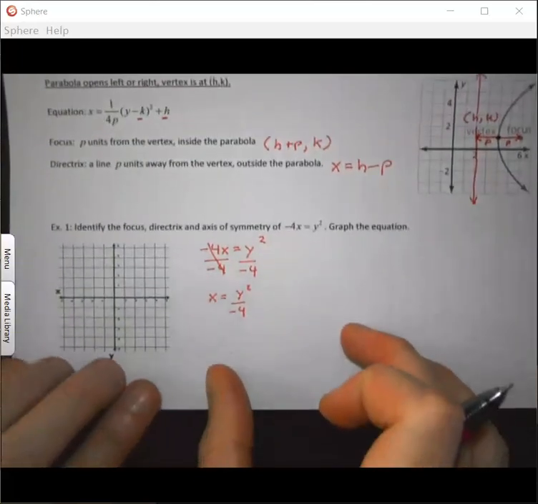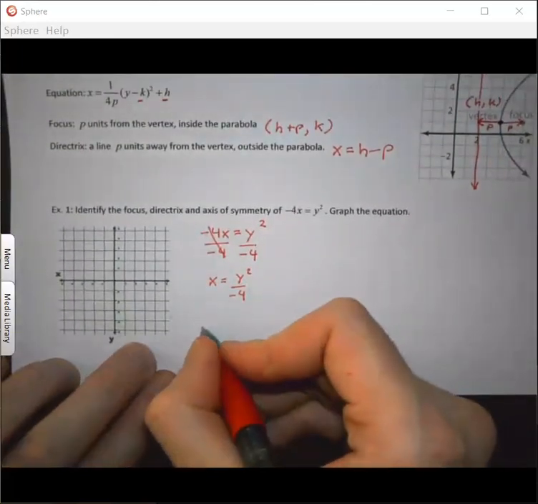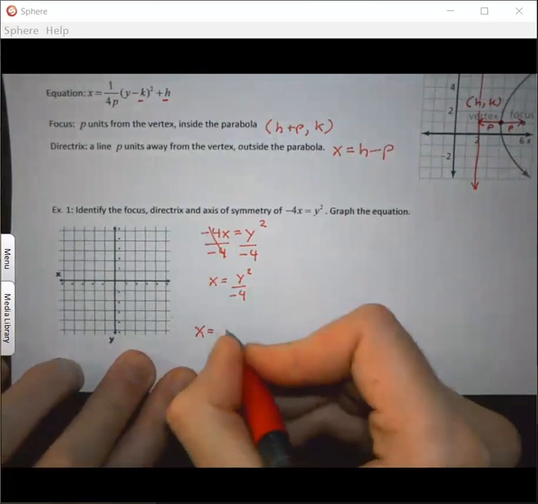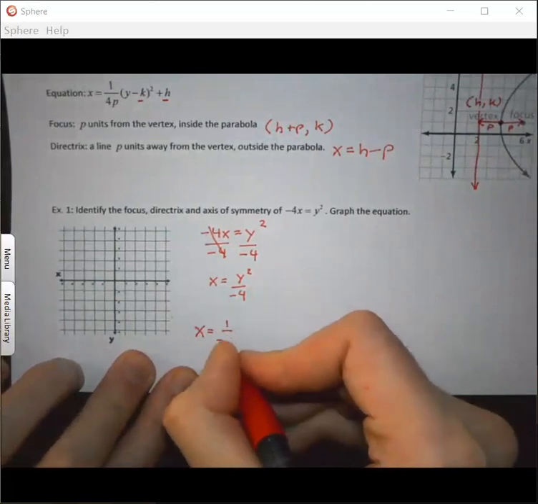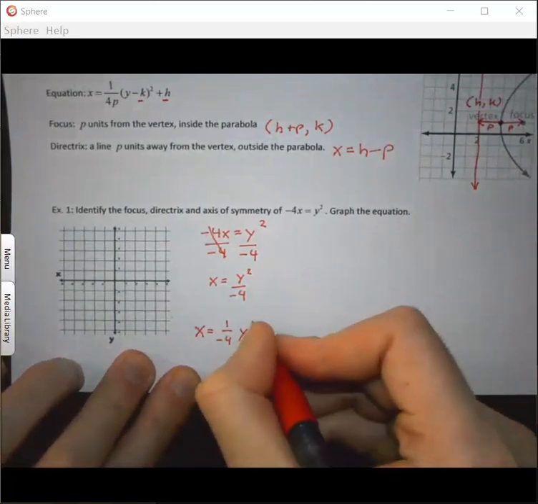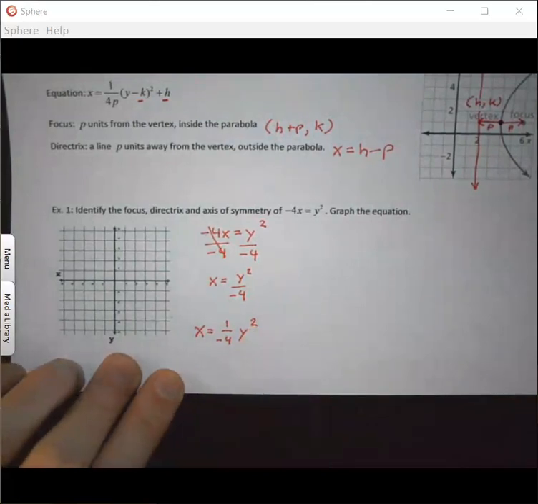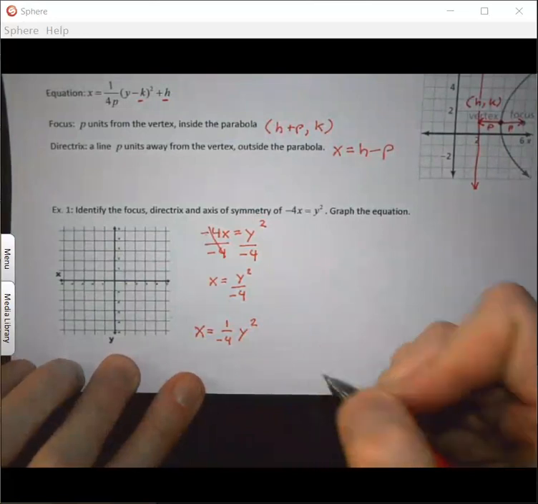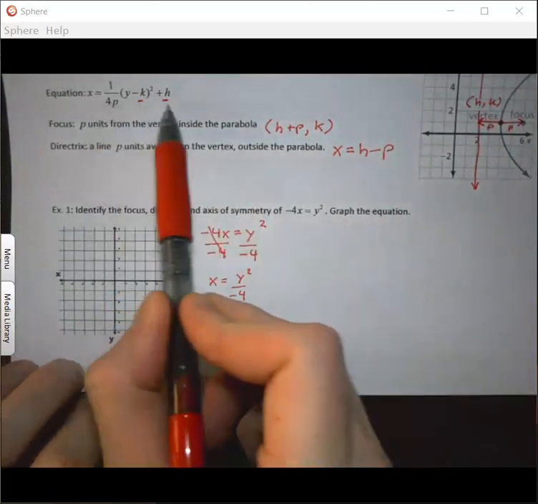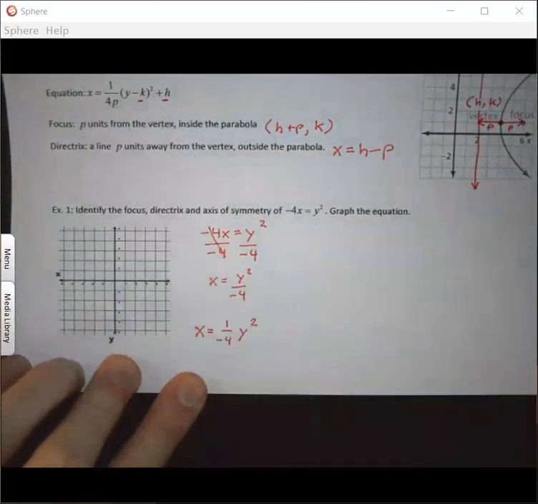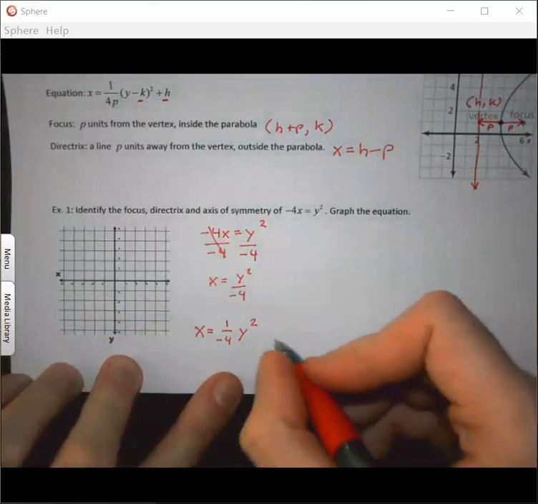This is the same as x equals 1 over negative 4 times y squared. I'm going to write down the equation above so we can find our h, k, and p.